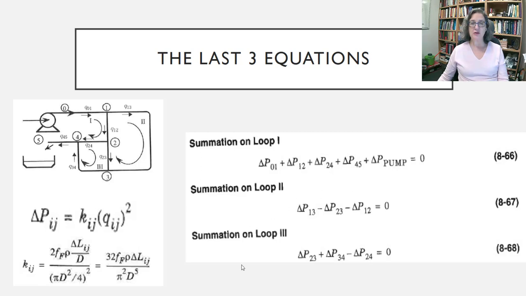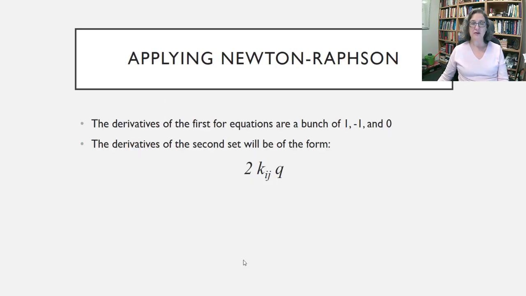Now we're doing this so that we can apply Newton-Raphson. So for the first equations, it was just like Q12 minus Q23 minus Q34 or whatever. I don't remember the subscripts. When you take those derivatives, it's either the derivative of that one with a positive 1 in front of it or a negative 1, or it doesn't show up in the equation, in which case the derivative is 0.